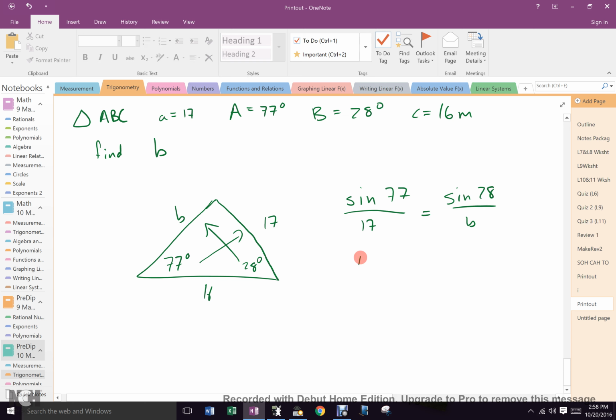And then 17 sine 28 over sine 77 equals b. And b equals 8.2. And that's it.